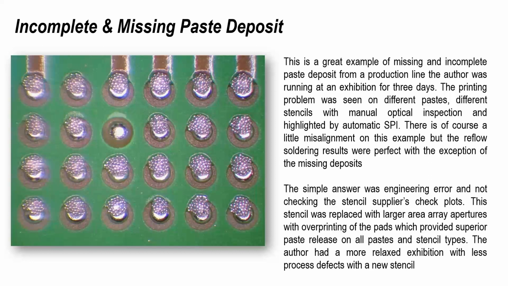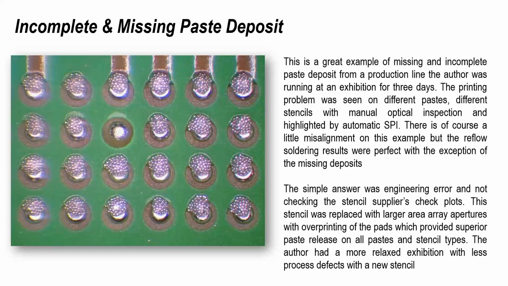And the SPI picked this up, identified the position, and it was my fault for not checking the stencil supplier's check plots. You know those pieces of paper, those annoying emails you get from the stencil supplier asking you to approve something? Well, sometimes you miss it, sometimes you don't respond, and this is what can happen.